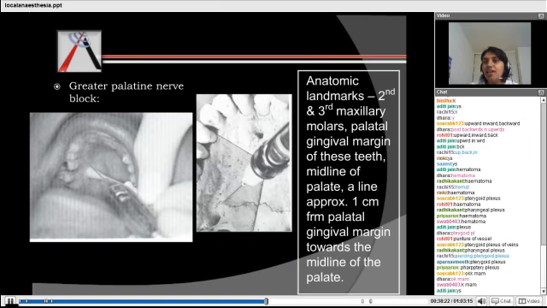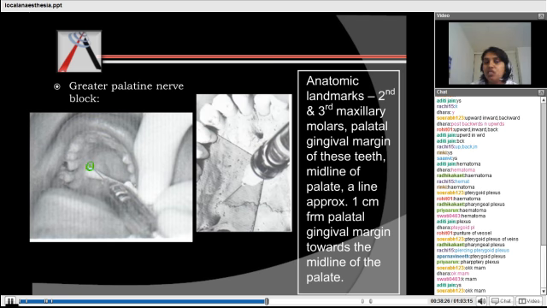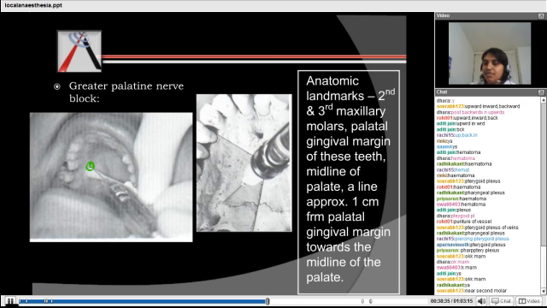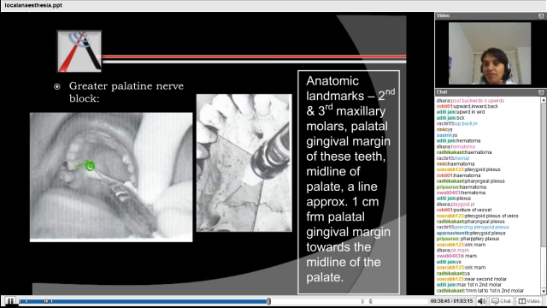Okay, then we have this greater palatine nerve block. Greater palatine nerve block, you're very clear with. You just see the opening of the greater palatine. You all know where it is. Which two teeth? Yeah, it is between first and second molars, and it is 1 centimeter towards the midline from the mucogingival.